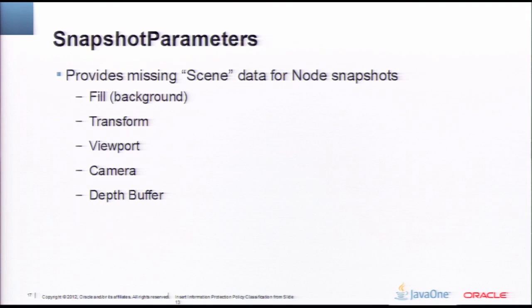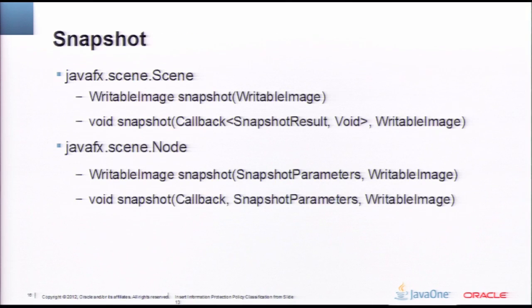The viewport would be simply the size of the stage that the scene would have been in. But the version that uses scene, we infer all of that from the scene itself.